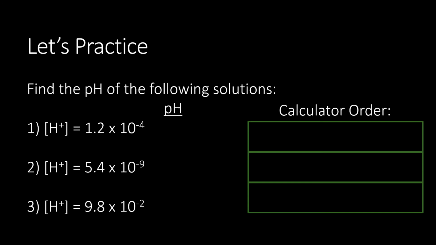Let's find the pH of the following solutions. Number 1, this solution has a hydrogen ion concentration of 1.2 times 10 to the negative 4. So in order to find pH, I need to type in 1.2 EE -4, then hit my equals, then hit my log, and finally negative to get 3.9.